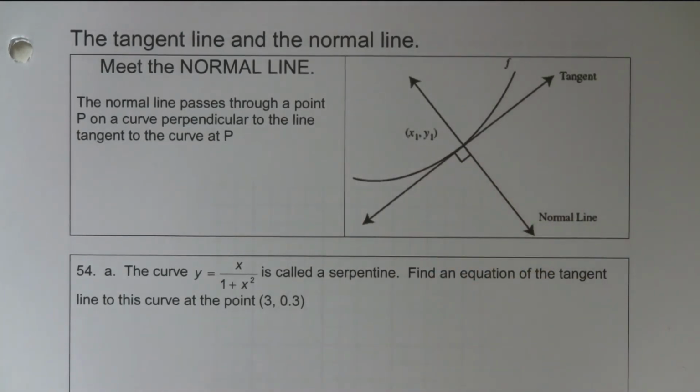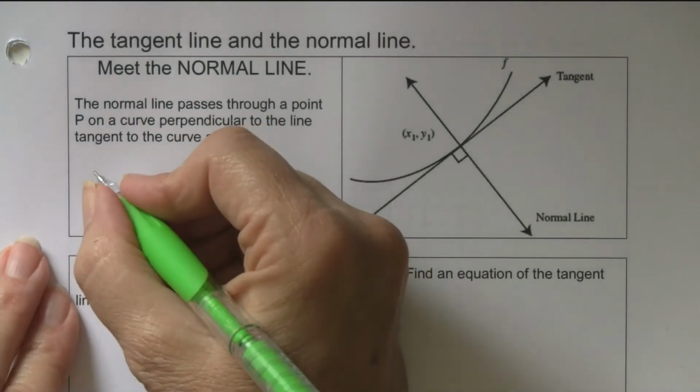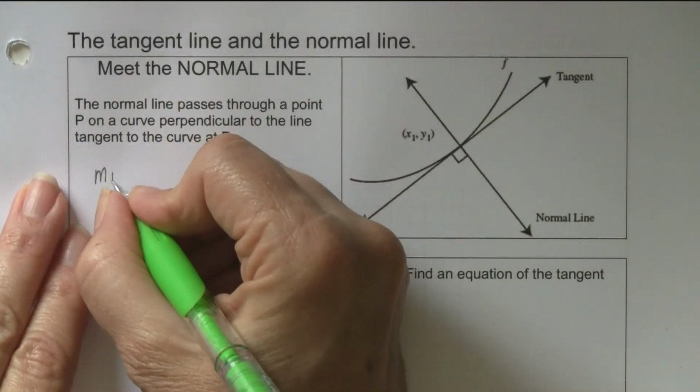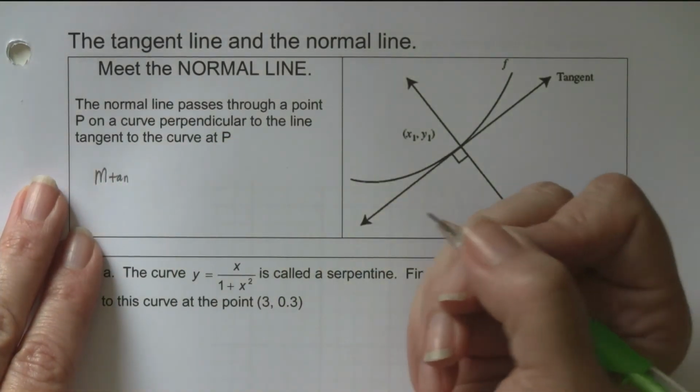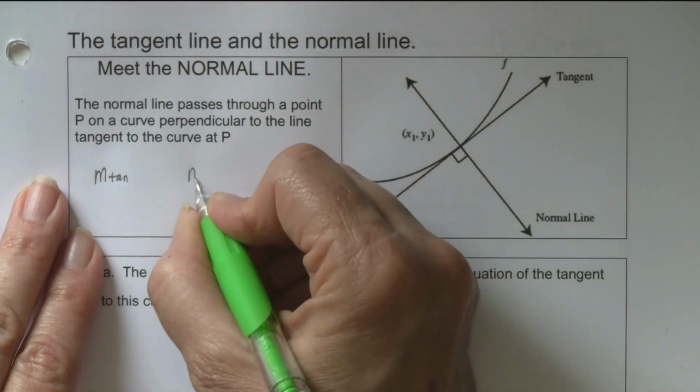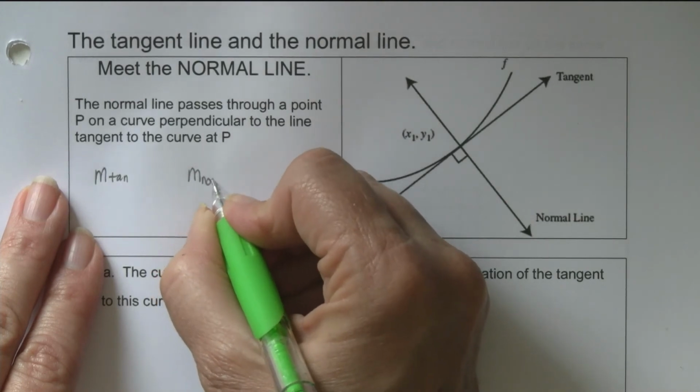So the normal line passes through the point P on the curve and is perpendicular to the line tangent to the curve. Why that's helpful is because if you know the slope of the tangent line, which is something we've been learning how to find, then you know the slope of the normal line.